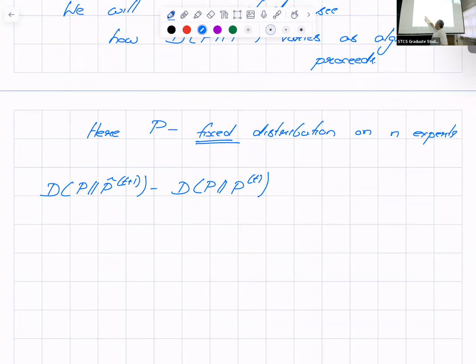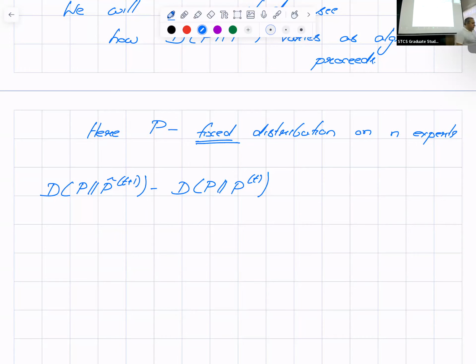Notice this is summation Pi ln Pi by P hat T plus 1 I. This is also summation Pi ln Pi by PT I. So I can take the summation common. It's the same summation Pi, and the first ln Pi will get cancelled out.